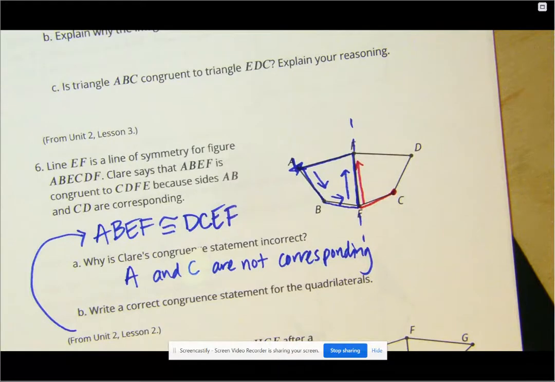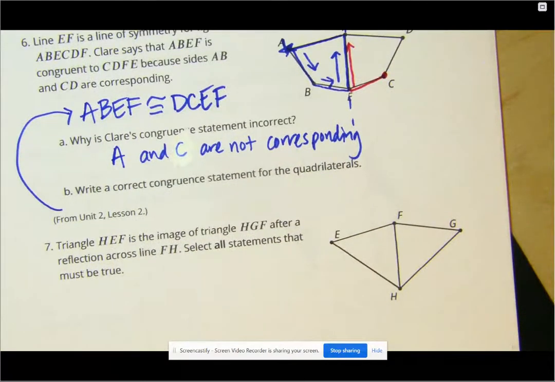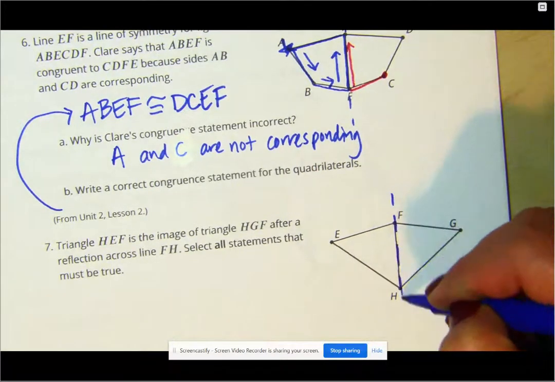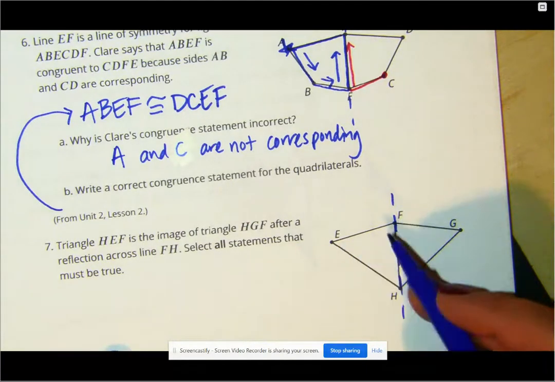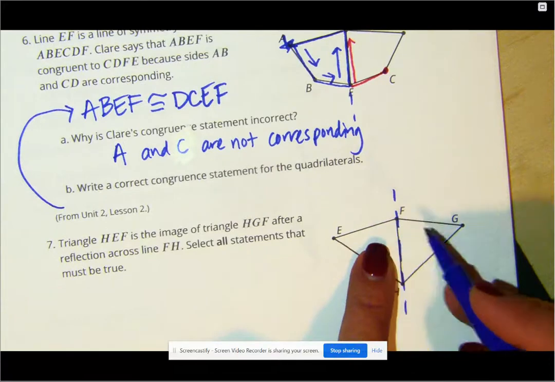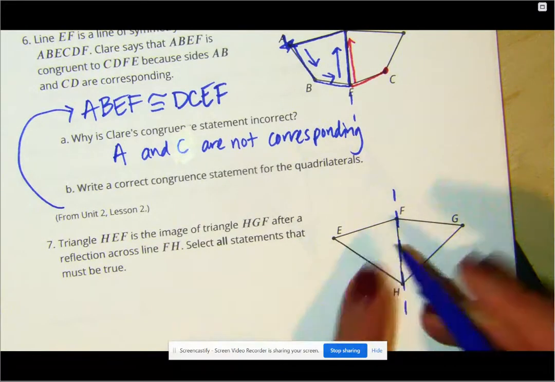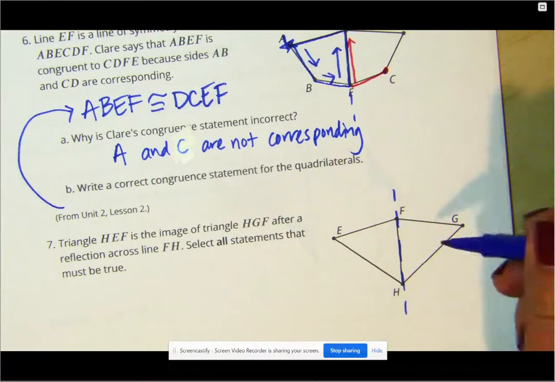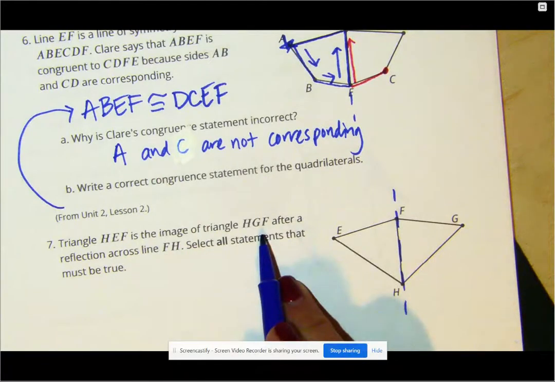All right, last one. Triangle HEF is the image of triangle HGF after a reflection across line FH. Here it is. It says HEF is the image after this guy has been reflected over that line. So that means they're congruent, right? Because that's a rigid transformation. So HEF is congruent to HGF.